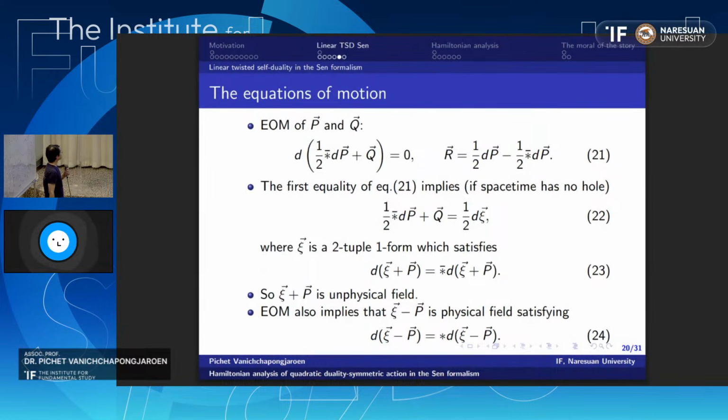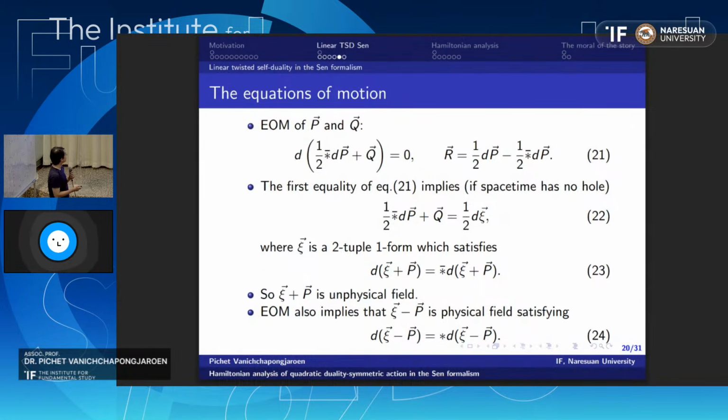And if we consider the equation of motion, the P and Q are the fields that we have to vary. And then this is the equations of motion. And if we integrate this equation, we get the arbitrary function psi, which satisfies this equation. And then we can work more on the equation of motion to get equation 24.